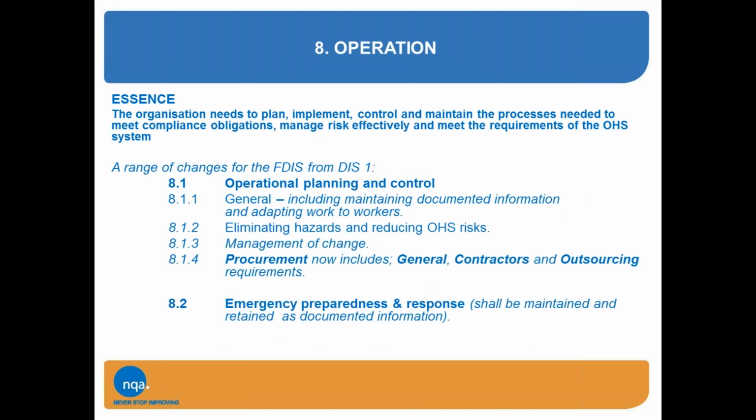The operational controls, in a range of changes from development from the FDIS of this standard and through to the publication. But in principle, the primary areas are still operational controls, including maintaining documented information and adapting workers for those considerations appropriately, eliminating hazards and reducing occupational risk, looking at the management of change before you implement that change.